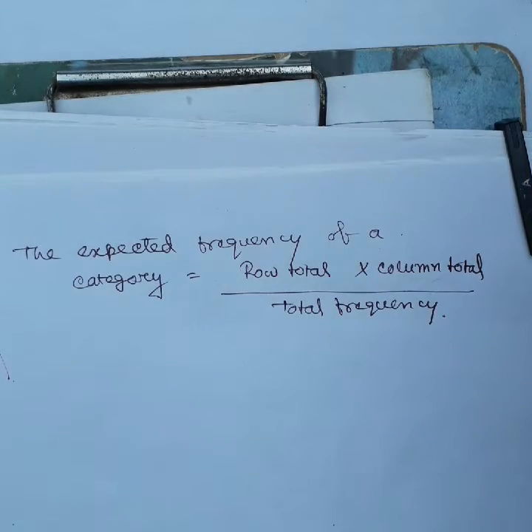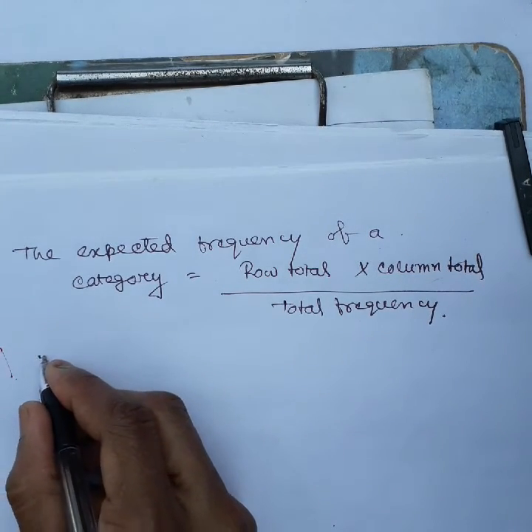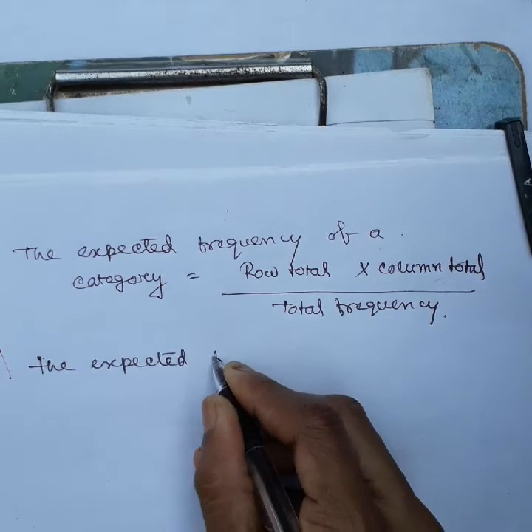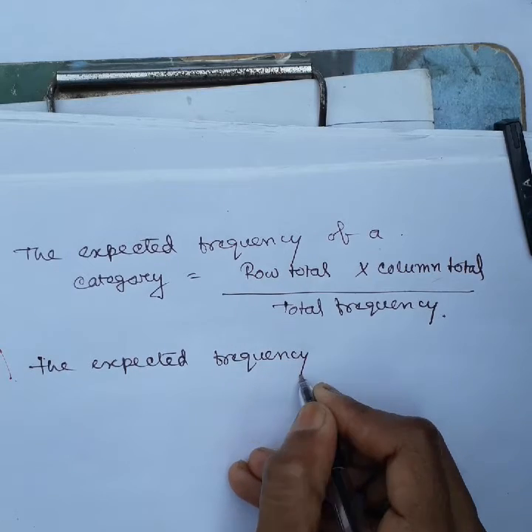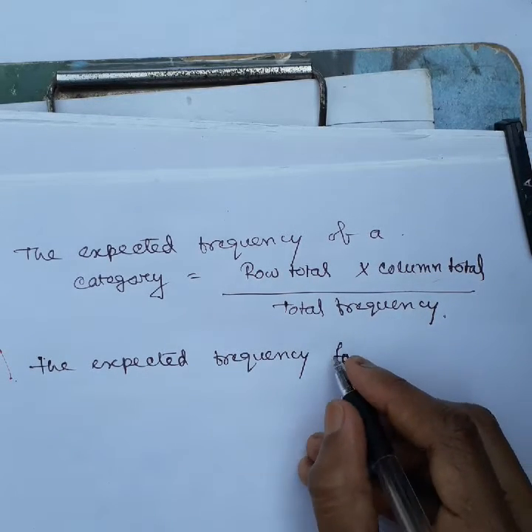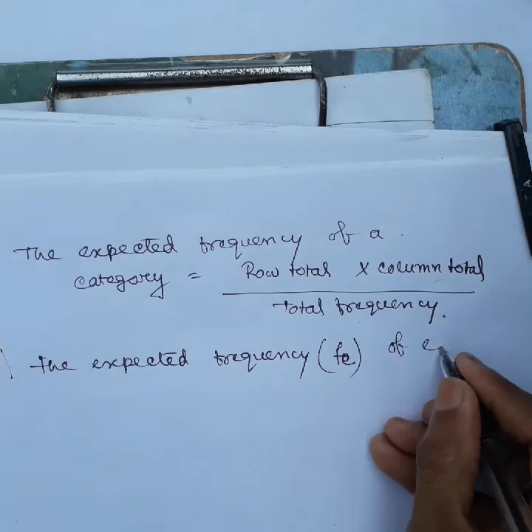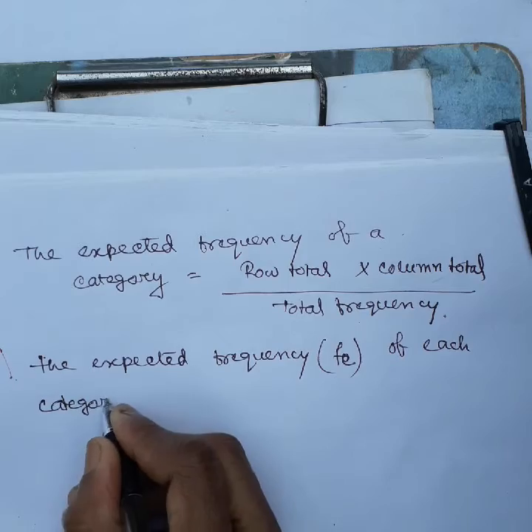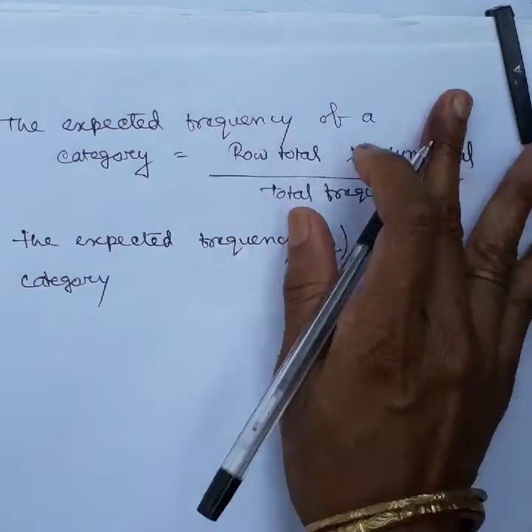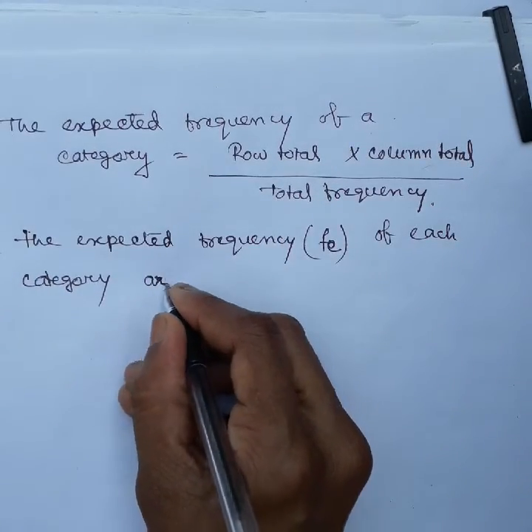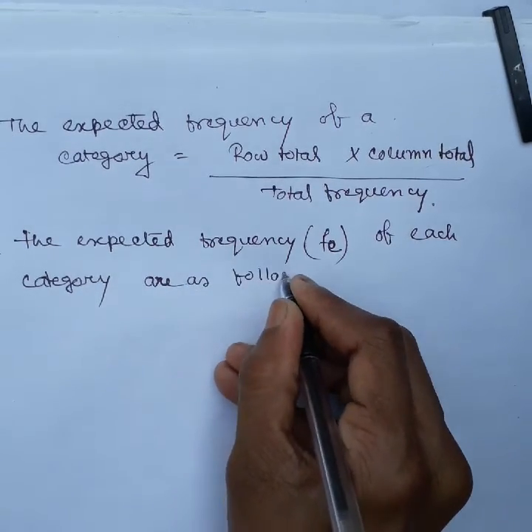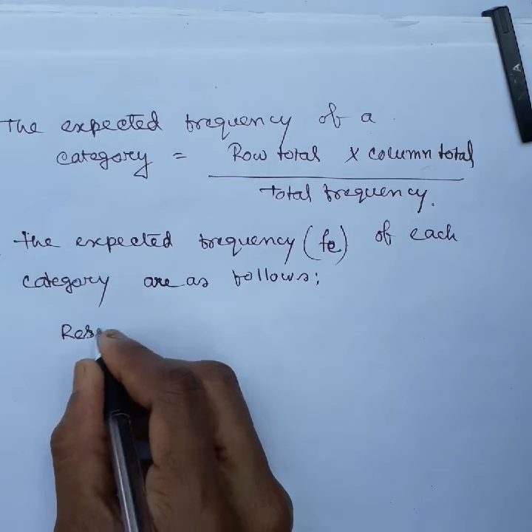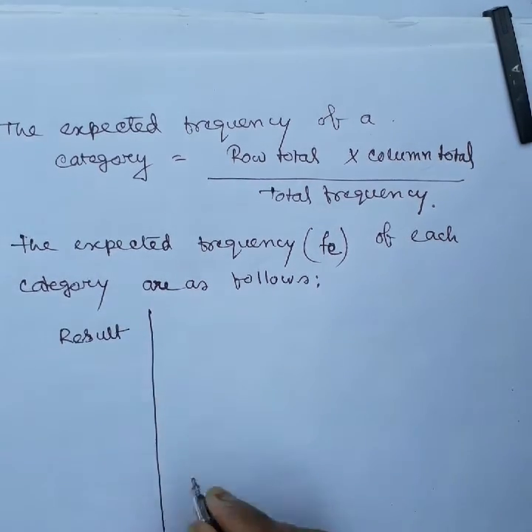Okay, so the expected frequency FE of each category are as follows.